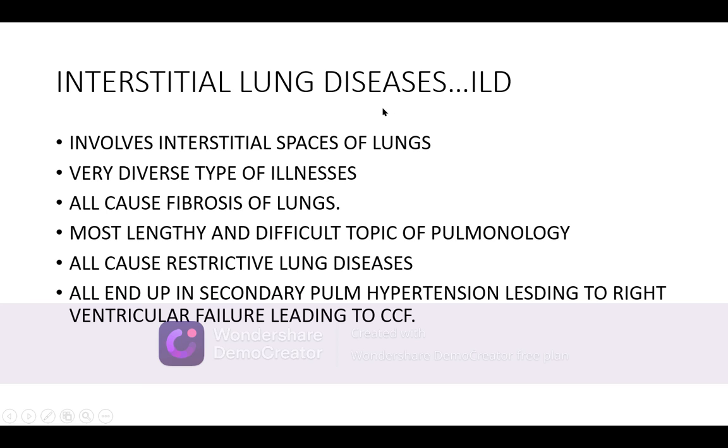Now, ILD is a diverse type of illness, very diverse. It cannot be classified confidently by anybody in the world. It involves the interstitial spaces of the lungs. The classification WHO has given is very, very complicated. They all cause, in the end, fibrosis of the lung.